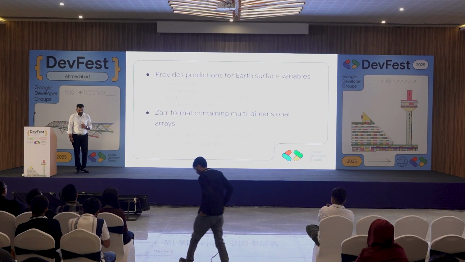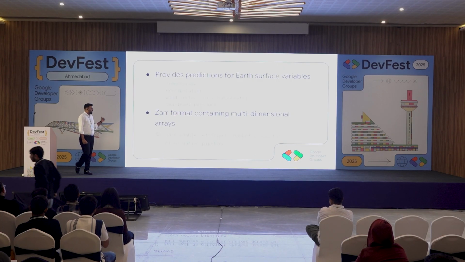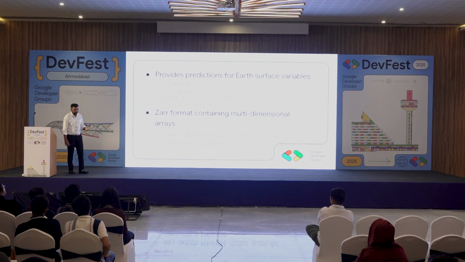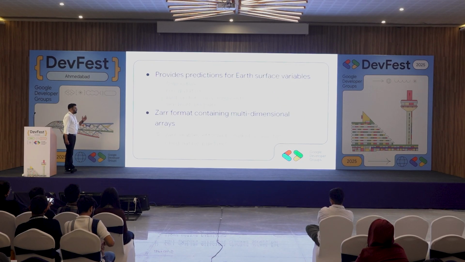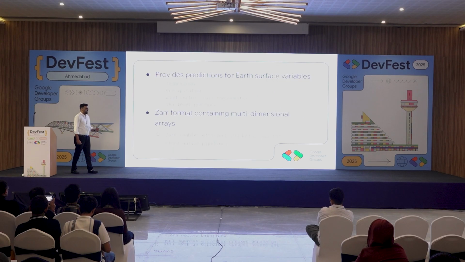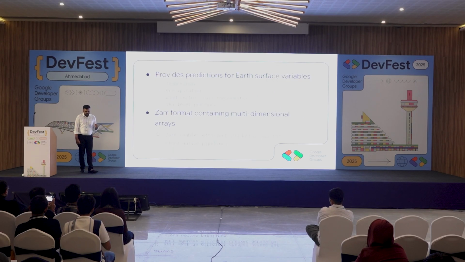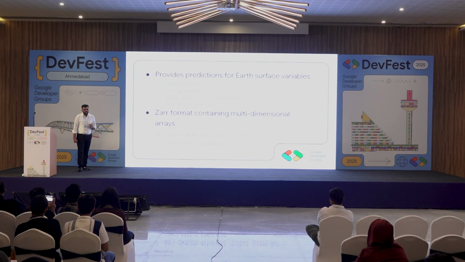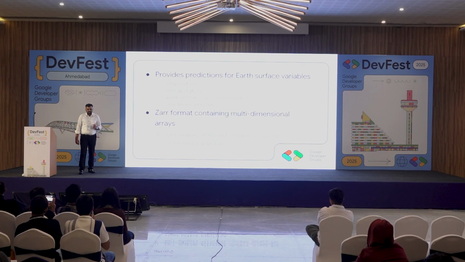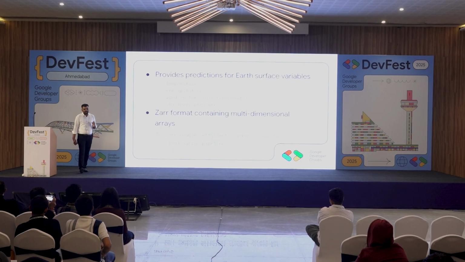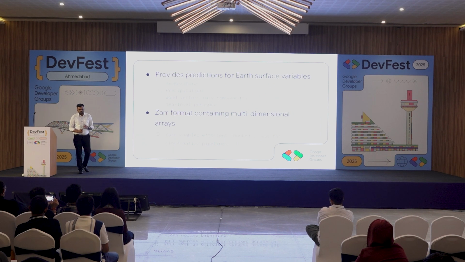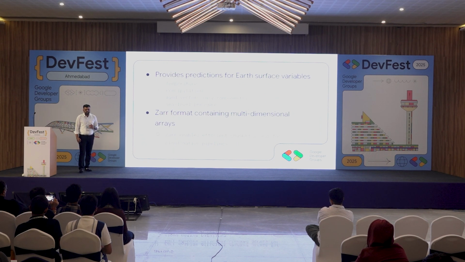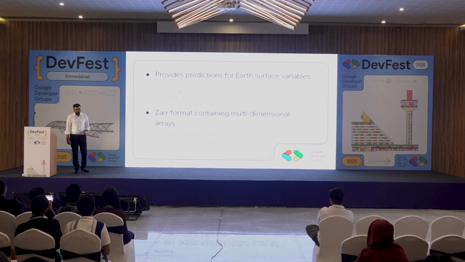There are 4 main parameters predicted by the datasets: temperature, precipitation, wind, and sea level pressure. Those are stored in the Zarr format. Zarr is nothing but multi-dimensional arrays, similar to ND arrays, but these can be chunked and accessed in cloud-native pipelines.